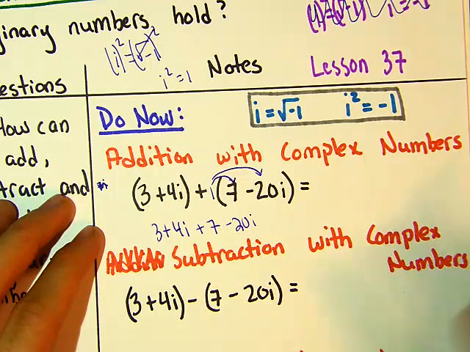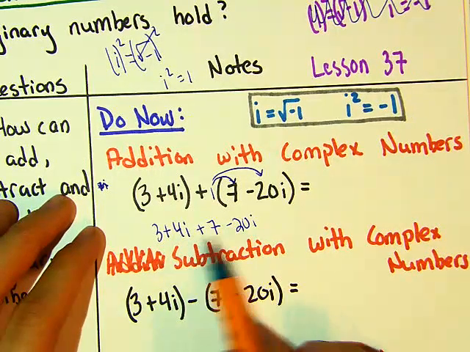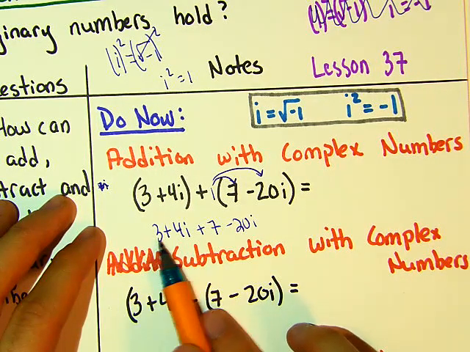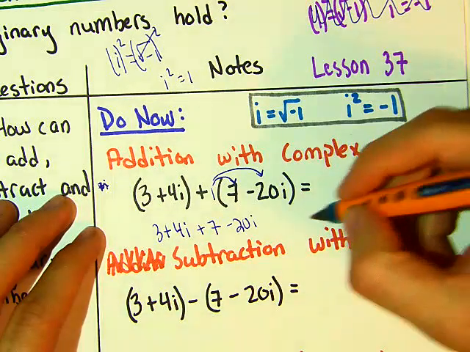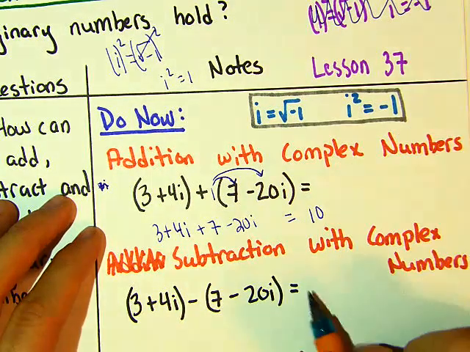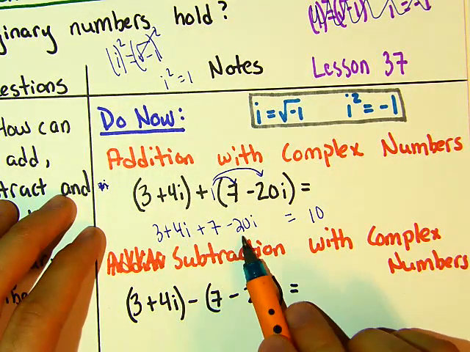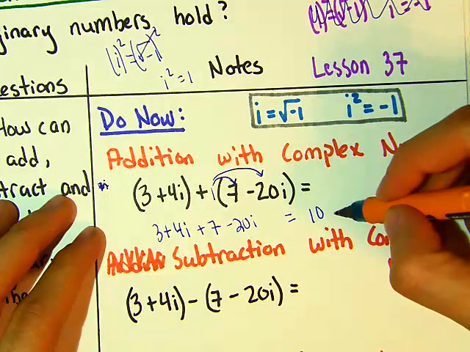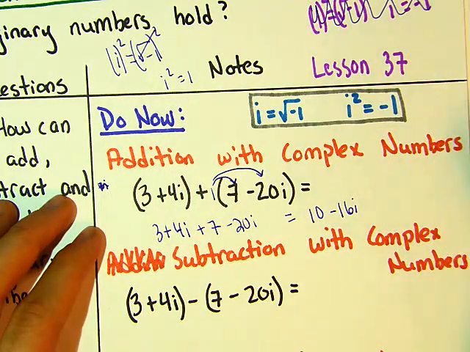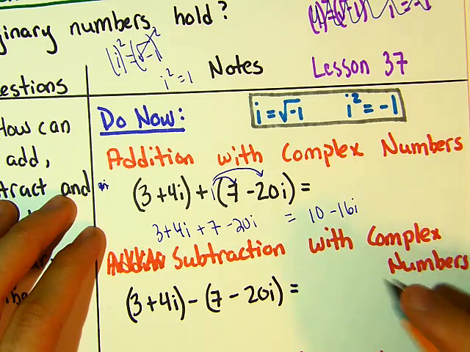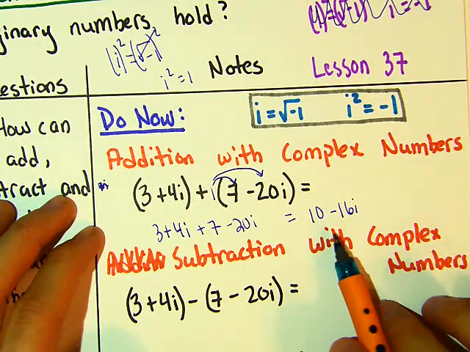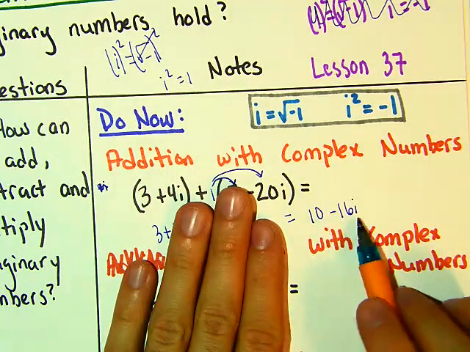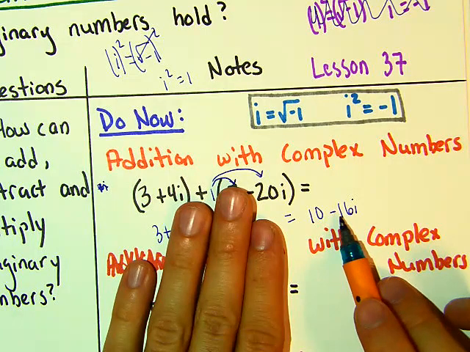Now that we have this, combine like terms. 3 plus 7 we can combine, so that's equal to 10. And 4i minus 20i, we can combine to minus 16i. Once we have this, the question is, can we simplify this more?